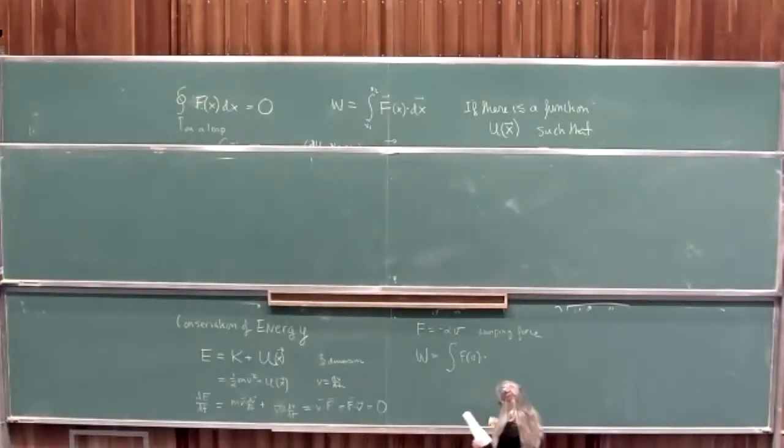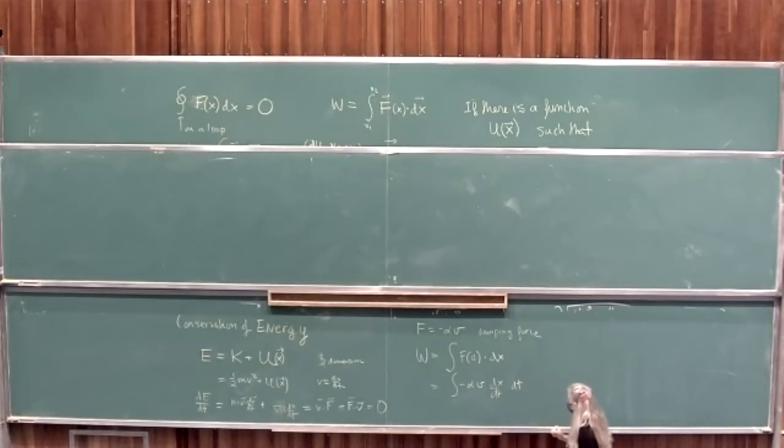Times dx, and it's convenient. So this is minus alpha v, and I can turn dx into v dt, and then this is going to be minus alpha v squared dt.